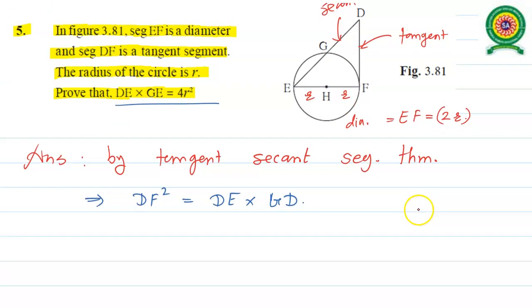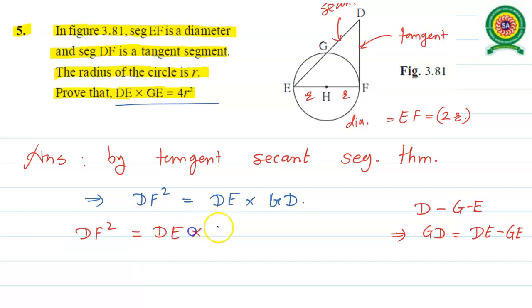Once we have points D, G and E as collinear points, we can write the value of GD is equal to DE minus GE. So now we have the value of DF square is equal to DE, keep that as it is, and GD equal to DE minus GE.